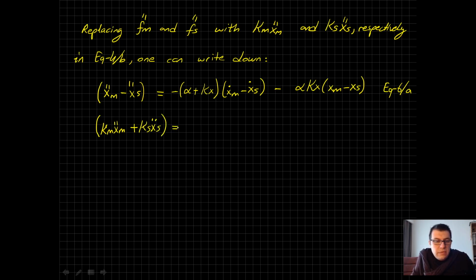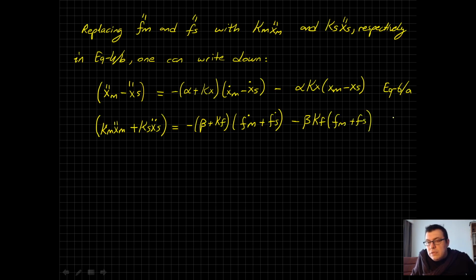That summation is equal to, similarly, minus beta plus kf times (f master dot plus f slave dot), minus beta kf times (f master plus f slave). So this is our equation 6b. Okay, that's the sixth equation.